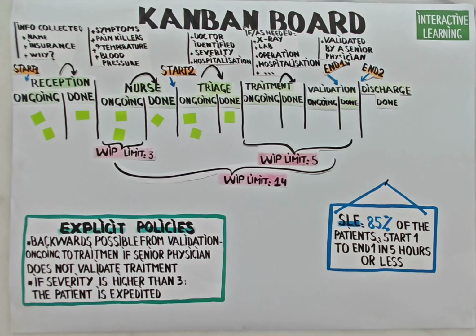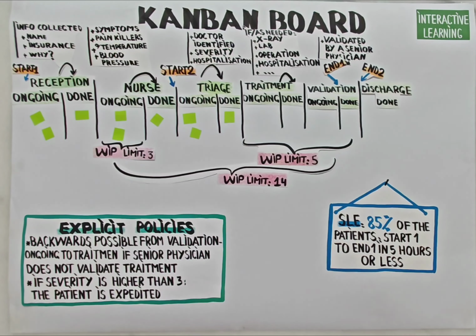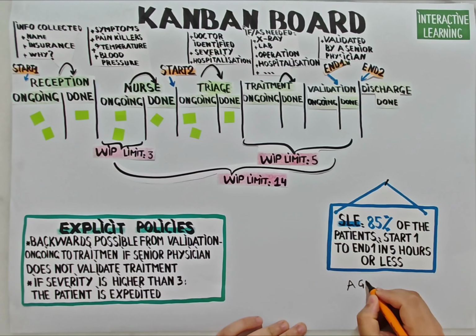In Kanban, work item age is defined as the elapsed time since an item started. Spoiler alert: this is the most important Kanban measure because it helps detect aging items that may require intervention to ensure timely delivery.